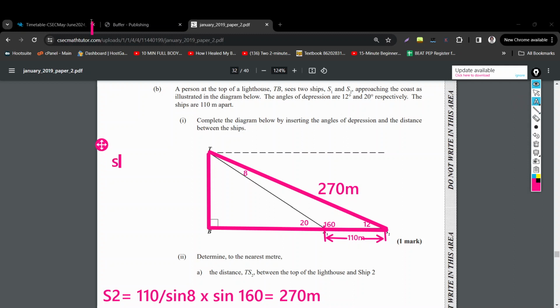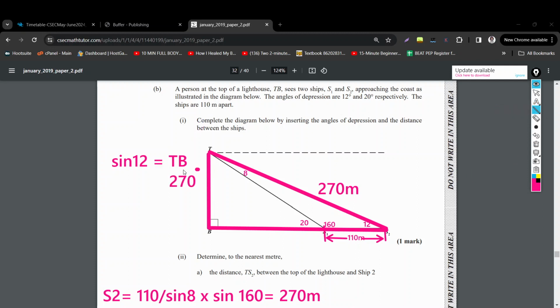So we're just going to say sine 12 is equal to opposite over hypotenuse. So O is the side we don't know. That's the side we need to find, which is TB. That's the opposite side. And I'm going to put that over 270. All right.